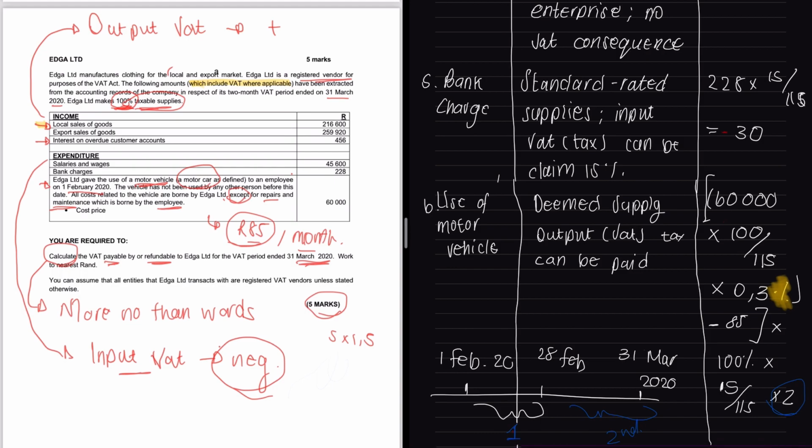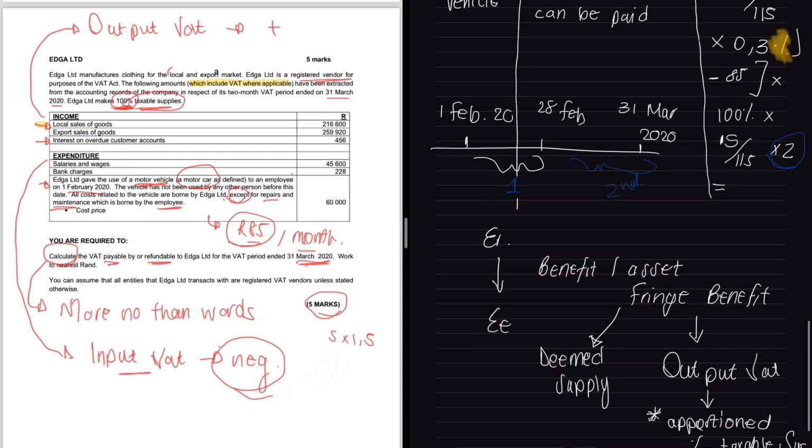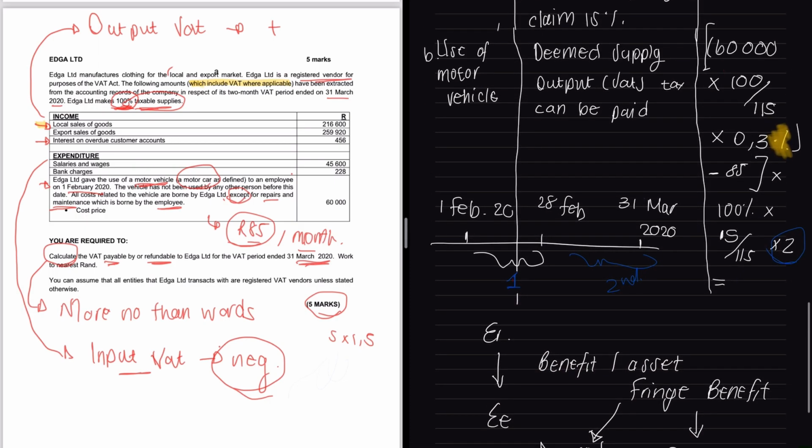But this is not the end. We then have to calculate this. Put this into our calculator and come up with a figure. So 60,000, our cost, multiplied by 100 divided by 115, multiplied by 0.3% to get us an amount of 156. This amount is then reduced by 85 Rand to get us 71.